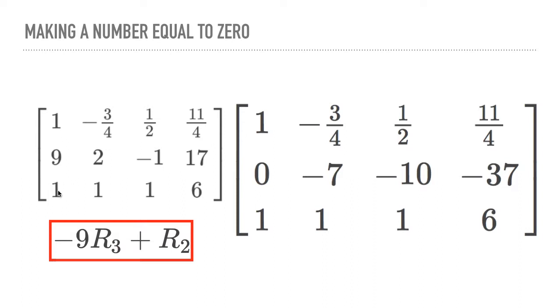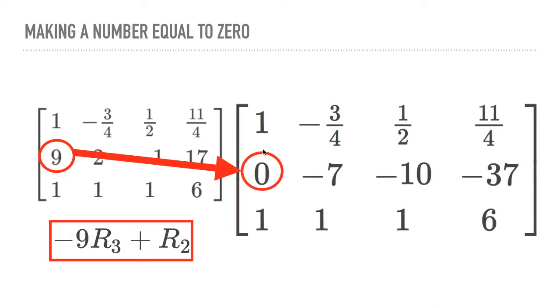This is very important: we need a 1 in the same column in order for it to work. So we multiply the third row by negative 9 in order to cancel out that 9, and then we add it. But this applies to the whole row. We're not just multiplying the first number, we're multiplying the whole row and adding it to the row on top. So the 9 turns into 0, and then negative 9 times 1 is negative 9, plus 2 is negative 7.